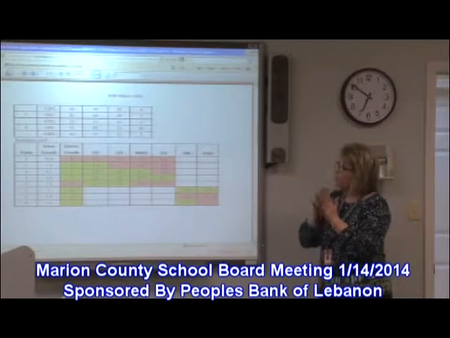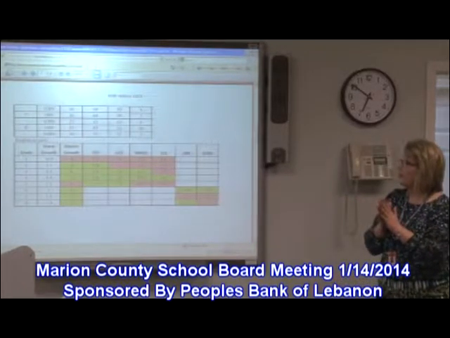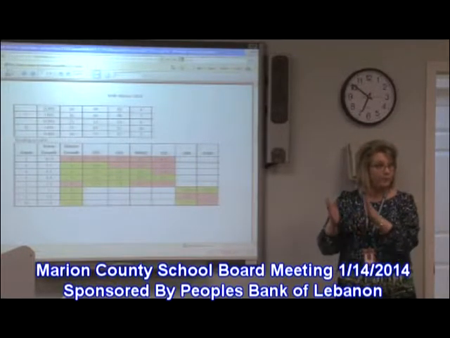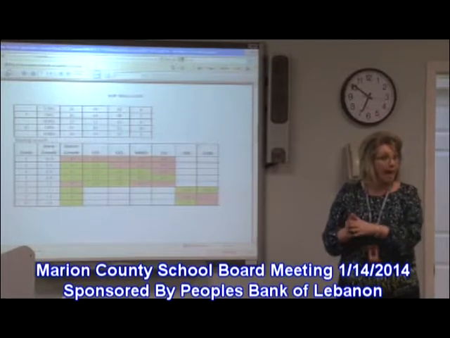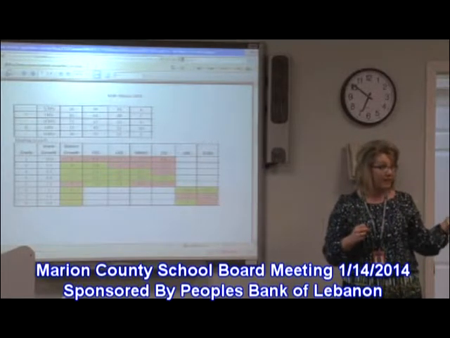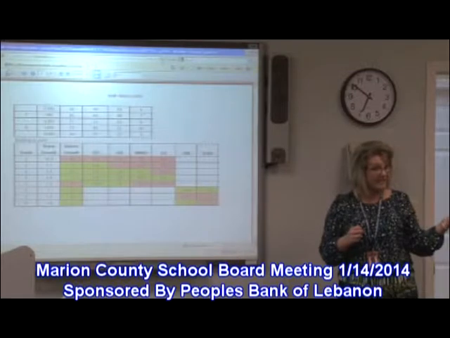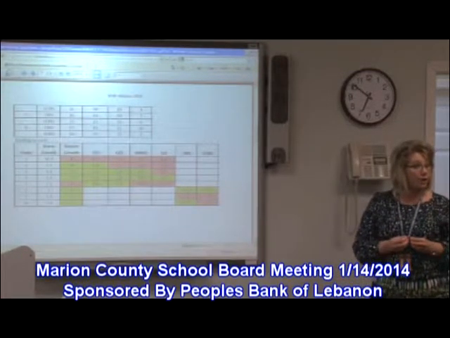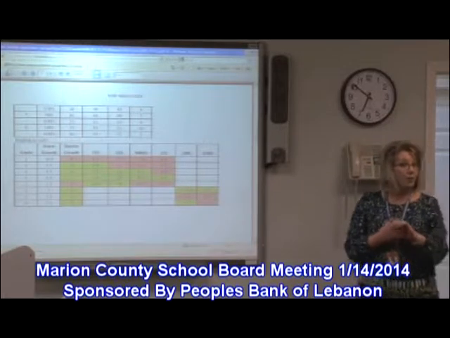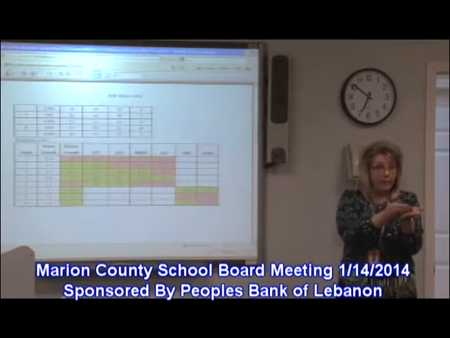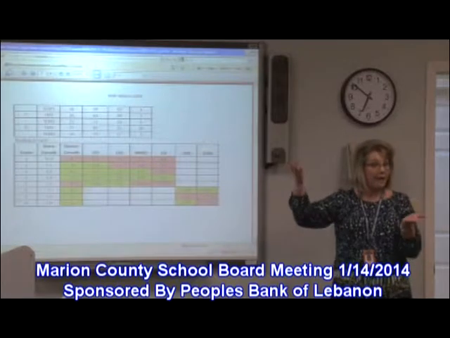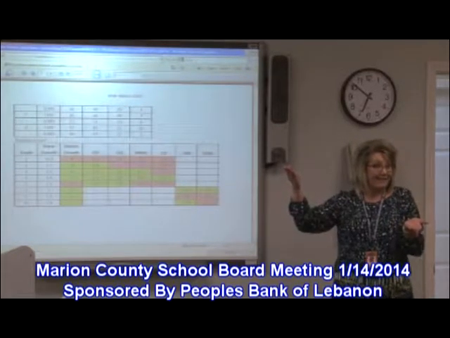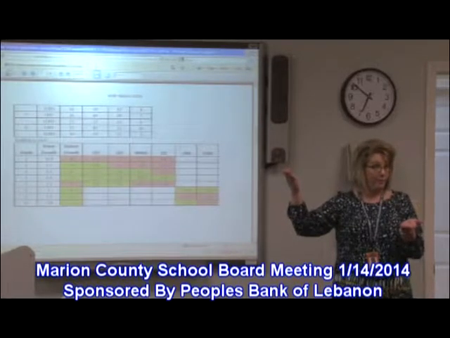The reason the principals decided to move to MAP instead of ThinkLink, that Discovery Ed that you used to see that data on, is that the new state system talks about student growth. No matter where you get them, you want to make sure that they grow at least a year's growth for a year's instruction. And if they're behind, you've got to grow them more than a year.